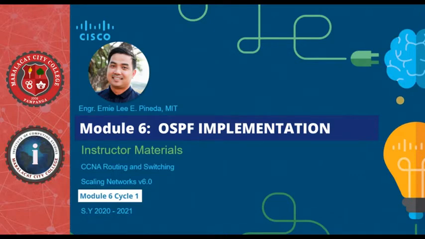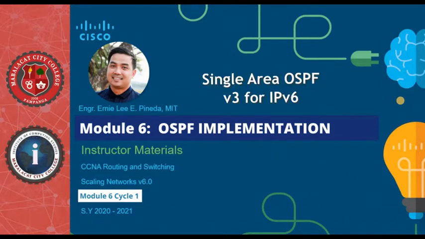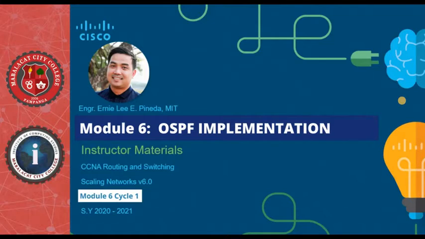And later on, the implementation of the same protocol, OSPF, but this time version 3, which is used for IPv6 networks. So we're going to do both single area OSPF for IPv4 and IPv6 networks. Without further ado, let's get to it.